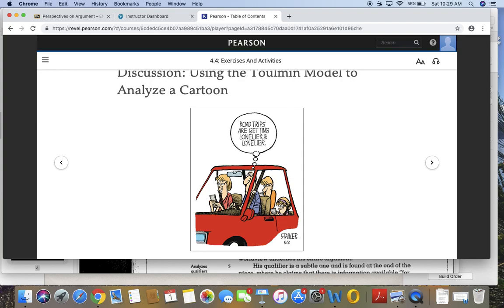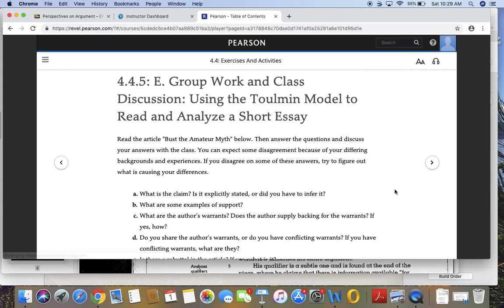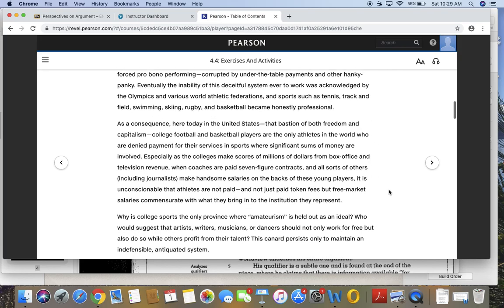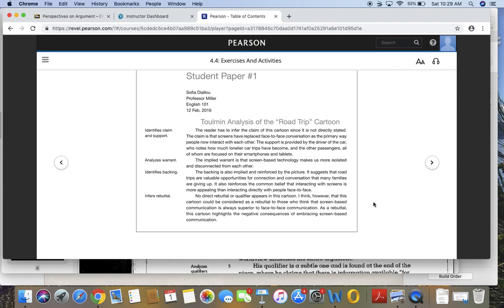And then it shows all the people on their phones and tablets. So if you go a couple pages over, let's see, I think it's more. Here we go. It gives a little example of an analysis of the road trip cartoon. And this is also a pretty good example of how to analyze a visual argument.